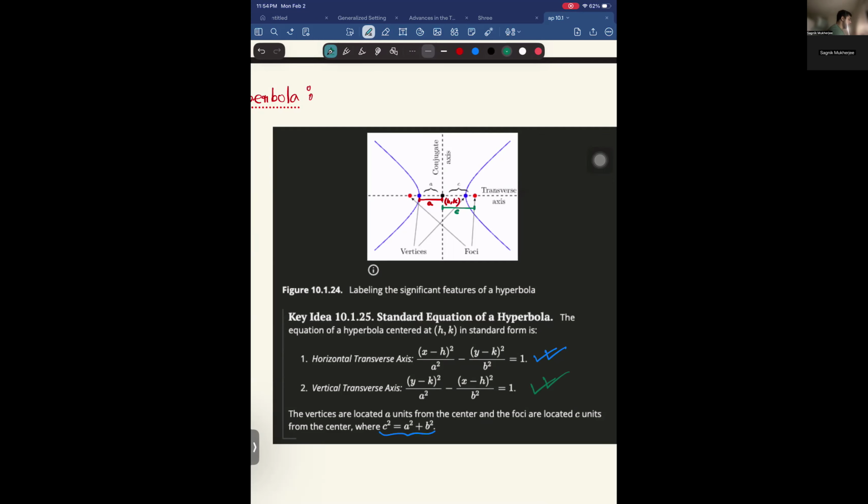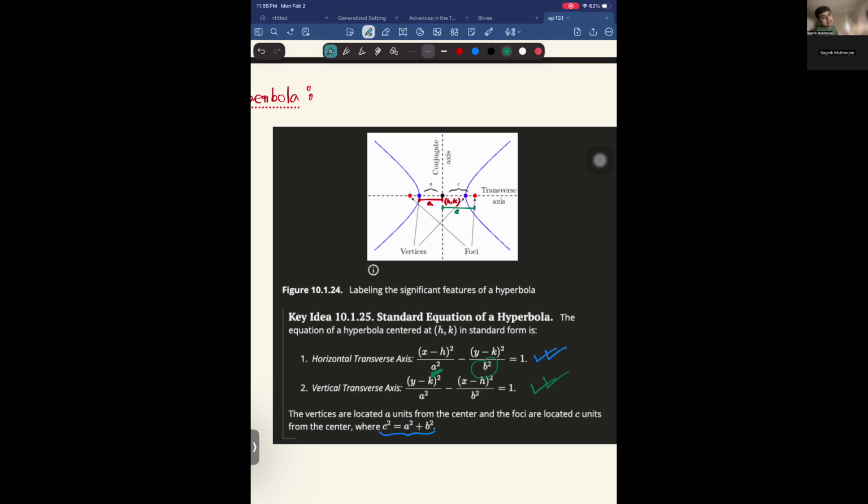Sounds good? And what are this a and b? You can see a is the distance of the vertex from the center. Then if you know b, then a squared plus b squared will give you c squared, the distance of the center from the focus.